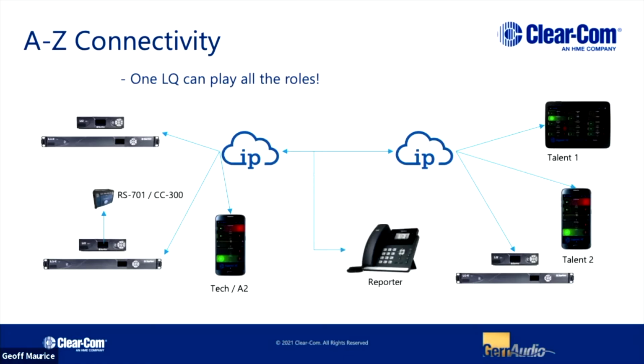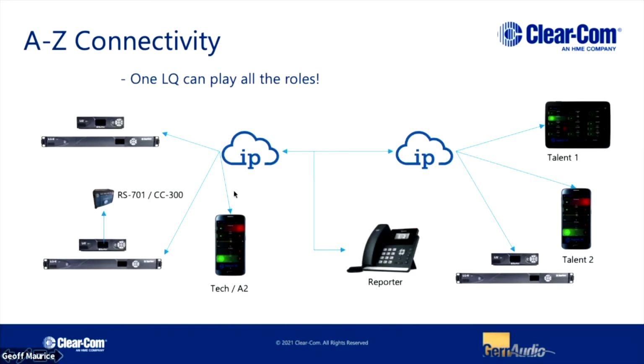And we can take it a step further, and we could add a SIP phone link into the system, where we could provide capability for reporters or people out in the field to dial into a phone number that's pre-generated or an extension on a larger system, and get dropped into any of the channels that are available on the LQ box itself. So one LQ box can do all of these functions.